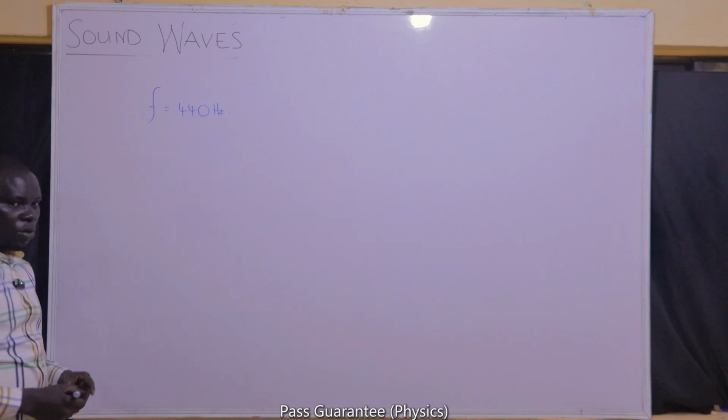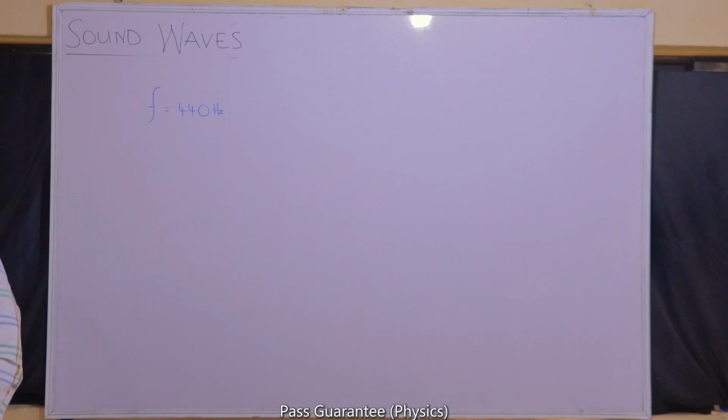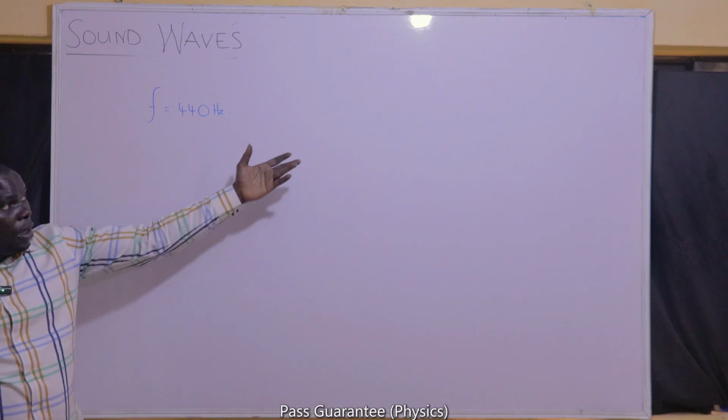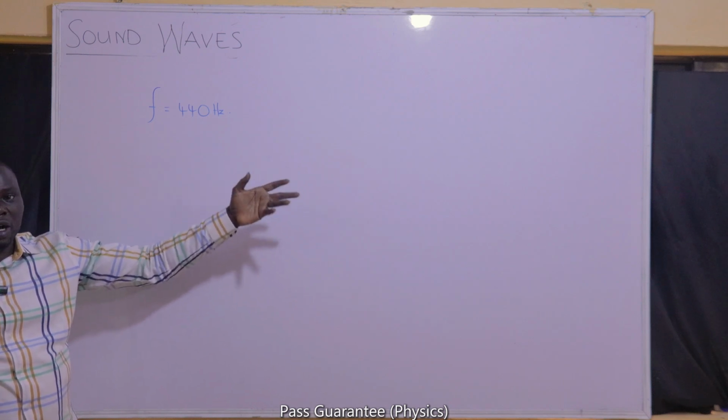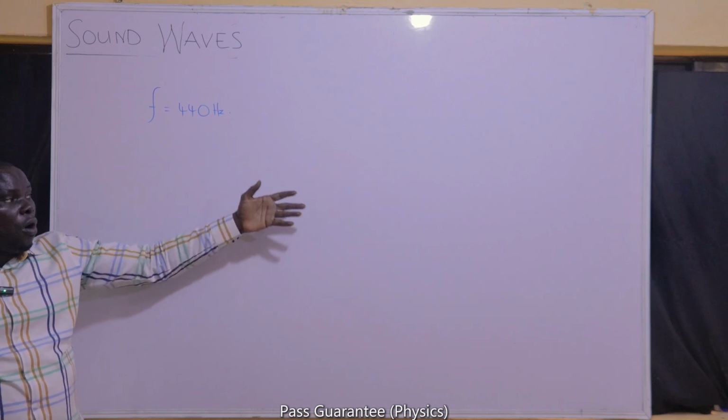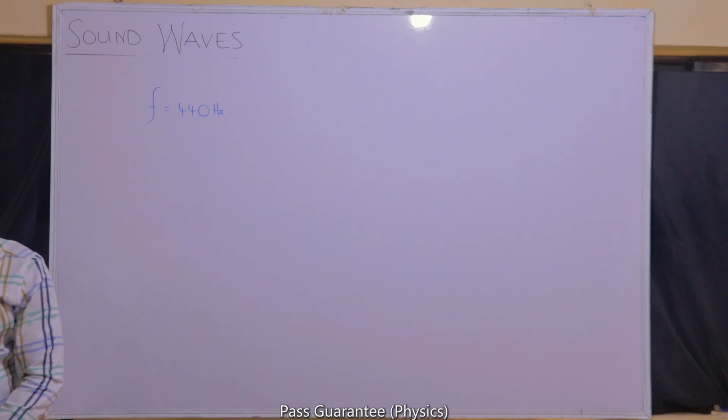It's not like open pipe, closed pipe and string, where the lengths are constant and the frequency and wavelength are changing according to the fundamental or the overtone that we are dealing with.